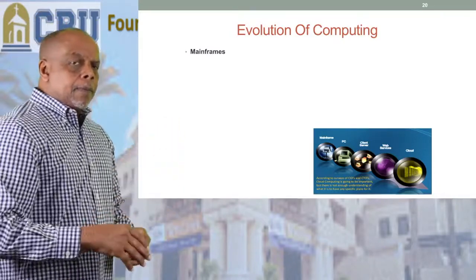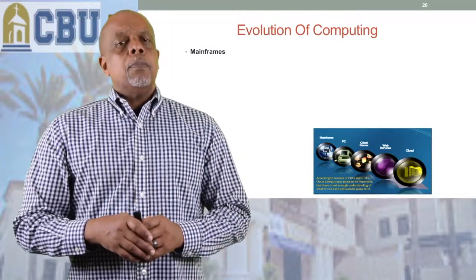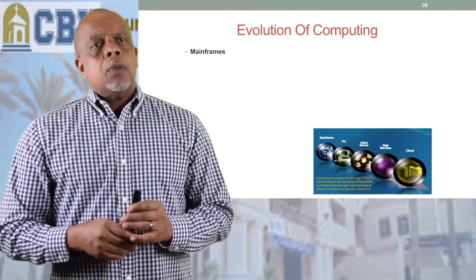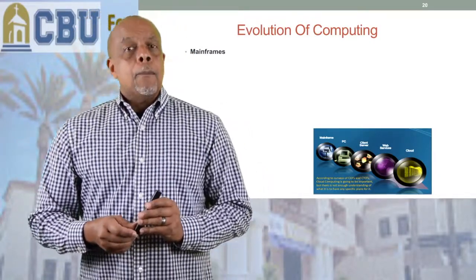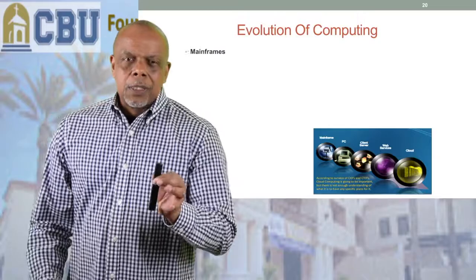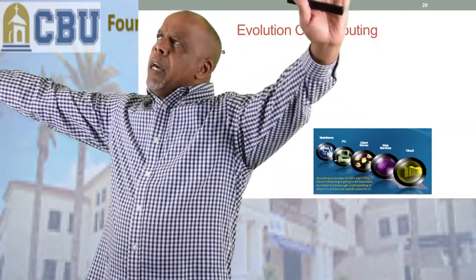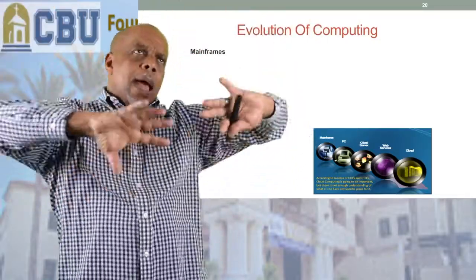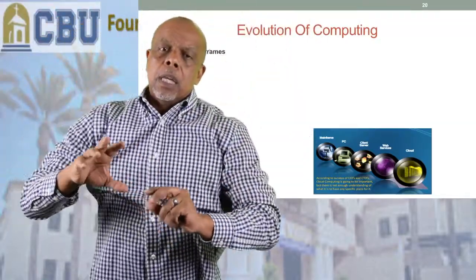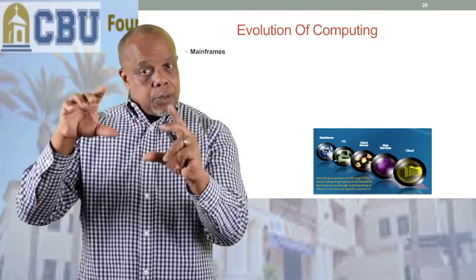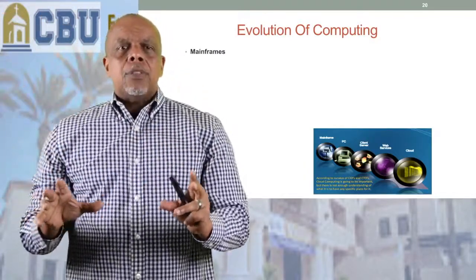Way back, probably before many of you were born, we used to have mainframes. You've probably seen this in old movies, where you walk into a room full of racks and racks of computers, and big tape drives are spinning. Those were mainframes.